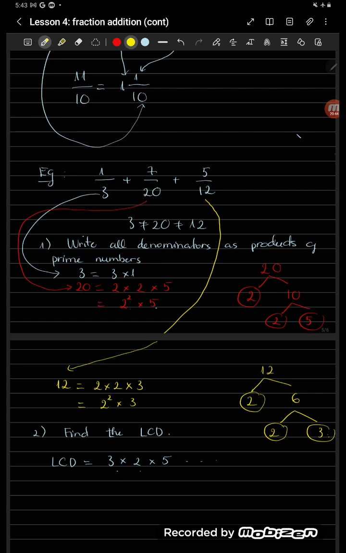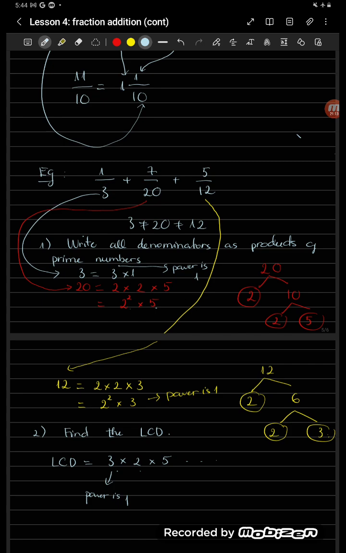Here the power is 1, and the power here is also 1. So the highest power is 1, right? So that's why for the number 3 here, the power is 1 as well. Okay? And now we look at, because we need to find the highest power, right?